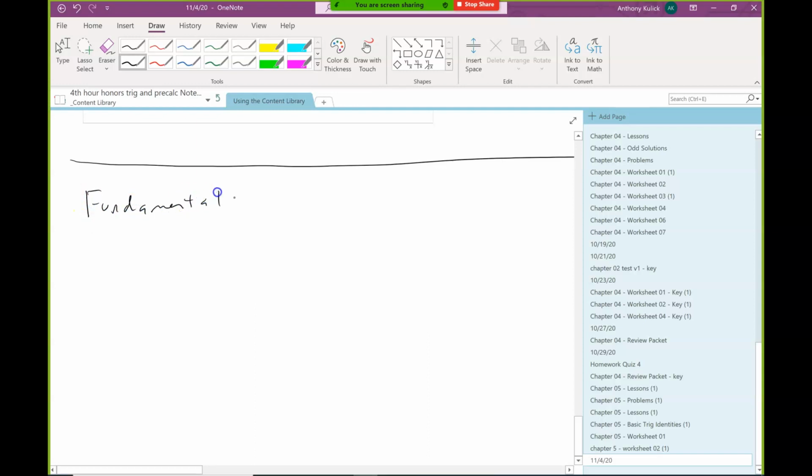So when we say identity, what we're talking about is an equality statement that's valid for all values of a given variable.